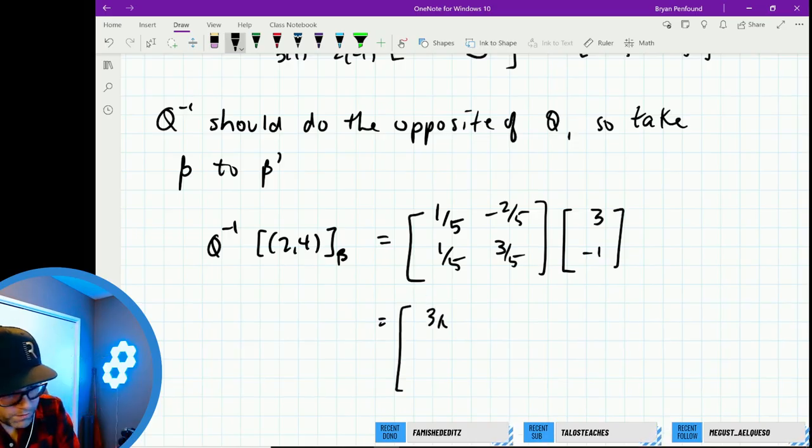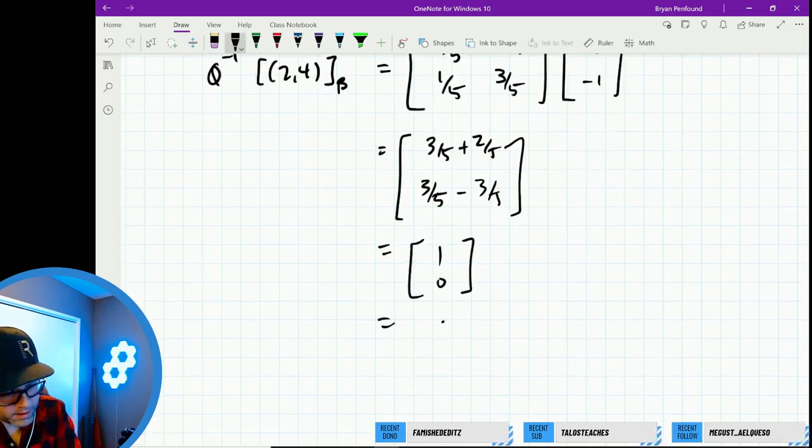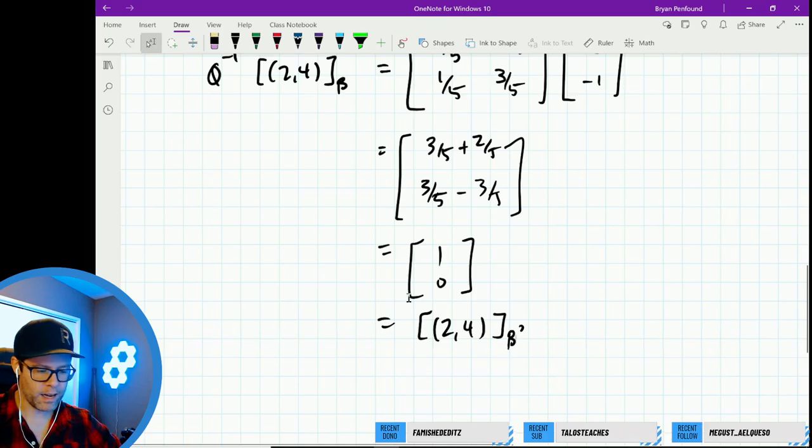We have 3/5 plus 2/5. That looks good so far. And then 3/5 minus 3/5. Sweet. Okay, so that works out. That checks out. This is (1, 0), and that's exactly what we expect to see. That's (2, 4) with respect to basis beta prime.